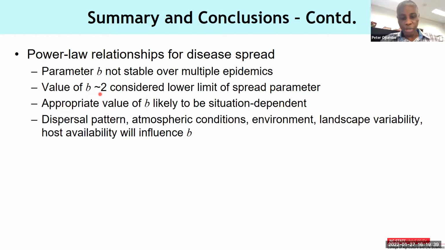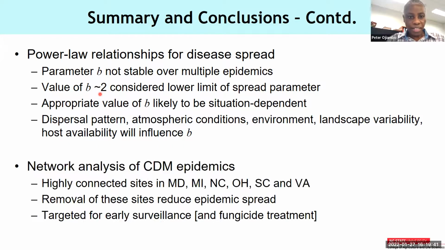And finally, based on the network analysis, we were able to identify areas that are more important for us in terms of monitoring, and we were able to show that the removal of some of these sites can reduce epidemic spread. These sites can be targeted for early surveillance of the disease.